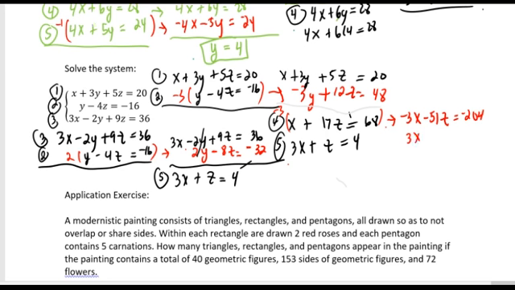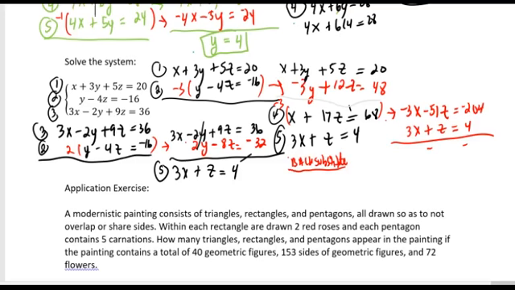The second equation is 3x plus z equals 4. So negative 204 plus 4 is going to be negative 200. And negative 51 plus 1 is negative 50. Divide by negative 50, z is equal to 4.